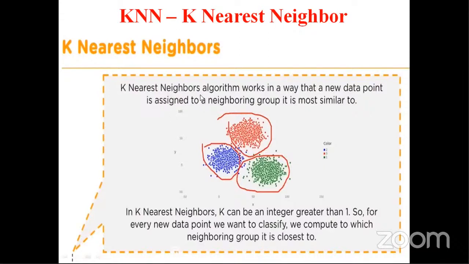You can read the statement here. K nearest neighbors algorithm works in a way that a new data point is assigned to a neighboring group. See here, you are finding these dots, right? All these dots are called data points. Like one row we saw in that example in the Excel, one row is one data.